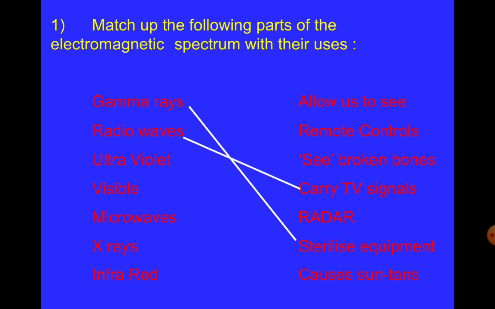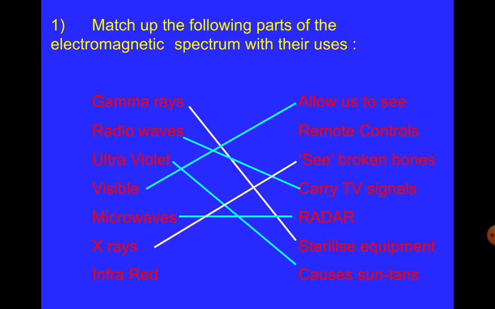Radio waves, they can carry TV signals. Ultraviolet, it can cause suntans or sunburn. Visible light allows us to see. Microwaves, we can use them in radar. X-rays, see broken bones. And infrared, use it as a remote control.